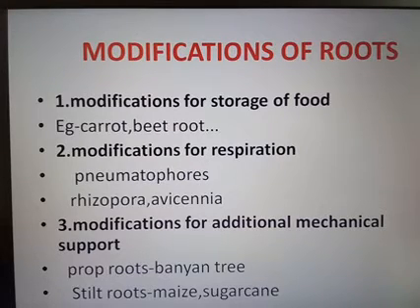The tap roots are modified into food storage structures in radish, turnip, beetroot and carrot. Then in sweet potato, the adventitious roots are modified into food storage structures. Once more I am telling, in radish, turnip, beetroot, carrot, tap roots are modified for the purpose of storage.